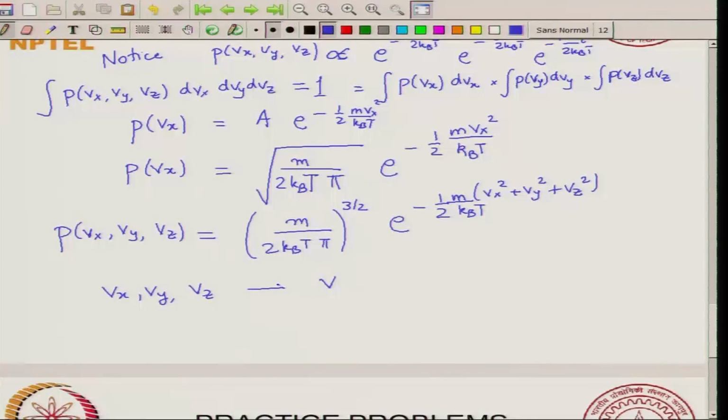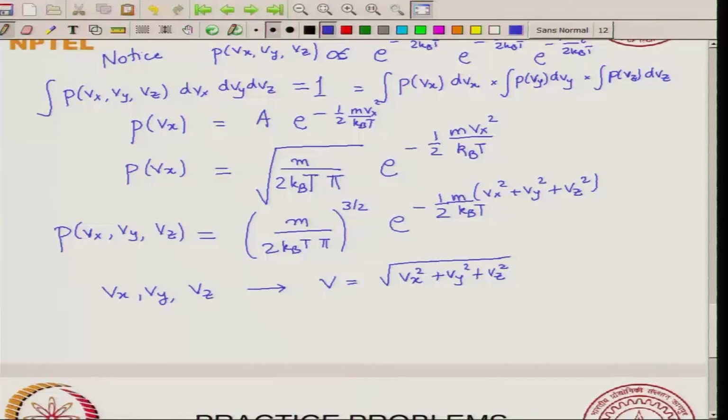Okay. So, actually when you look at the expression for v, v is equal to square root of Vx square plus Vy square plus Vz square, okay. And you immediately realize that this is nothing but the length of this velocity vector, okay.